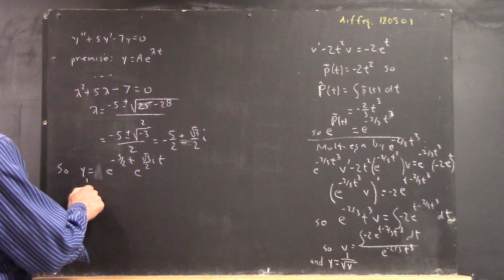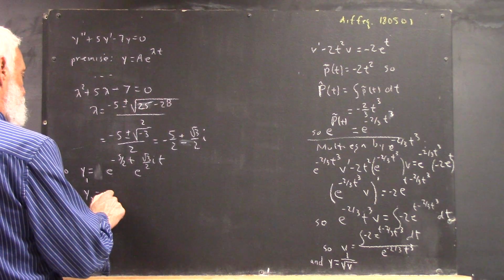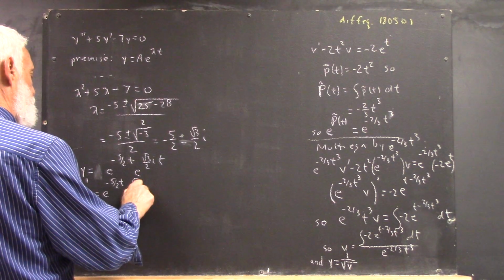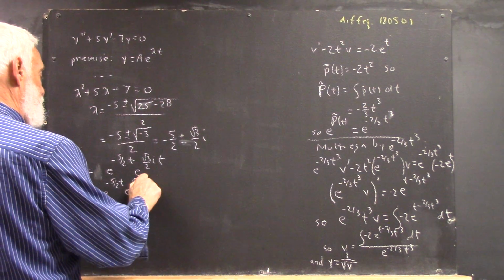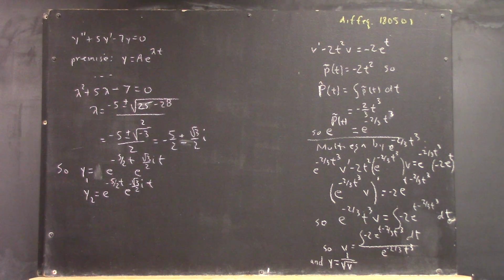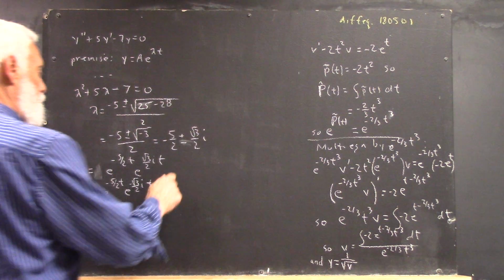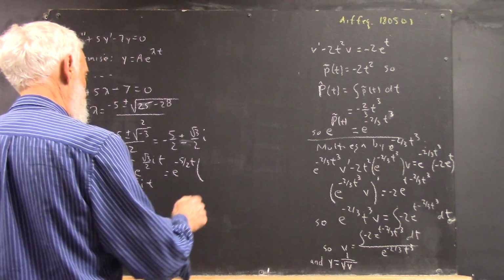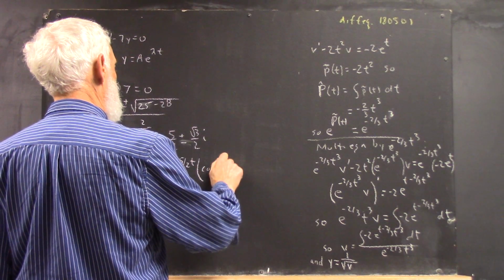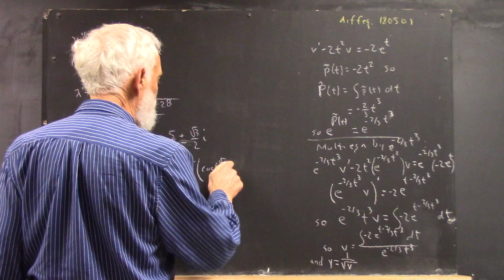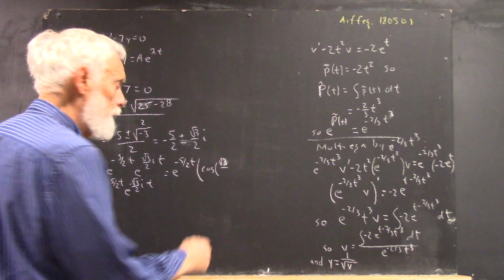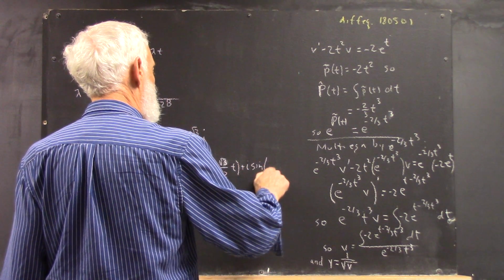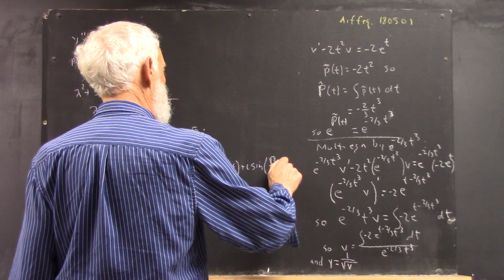So, okay, anyhow, we get y2 then equals e to the -5 halves t, e to the negative square root of 3 halves i t. Okay? Right. And that means what? That y1 is e to the -5 halves t times cosine of square root of 3 over 2 t plus i sine of square root of 3 over 2 t.